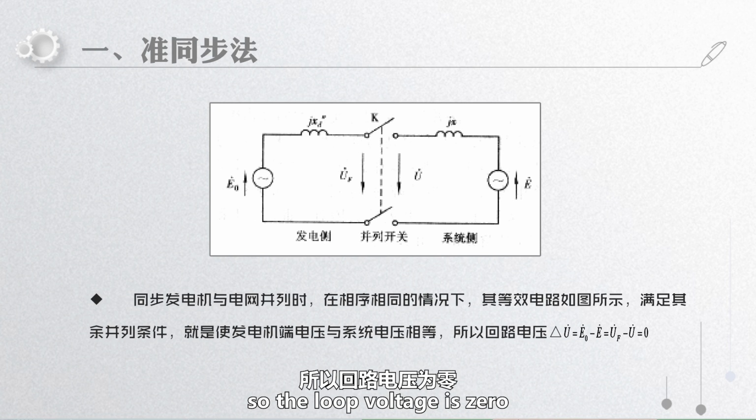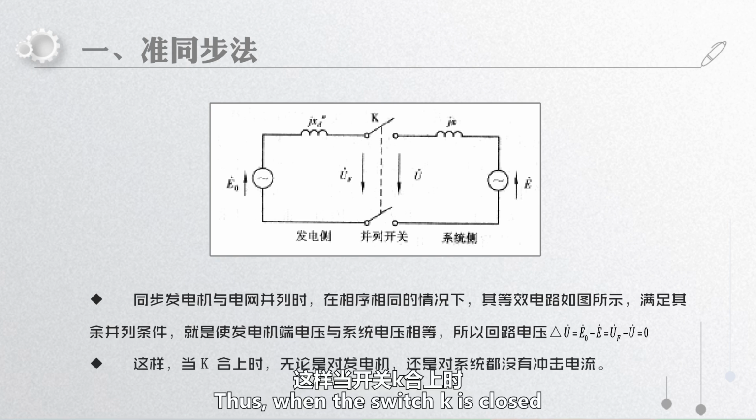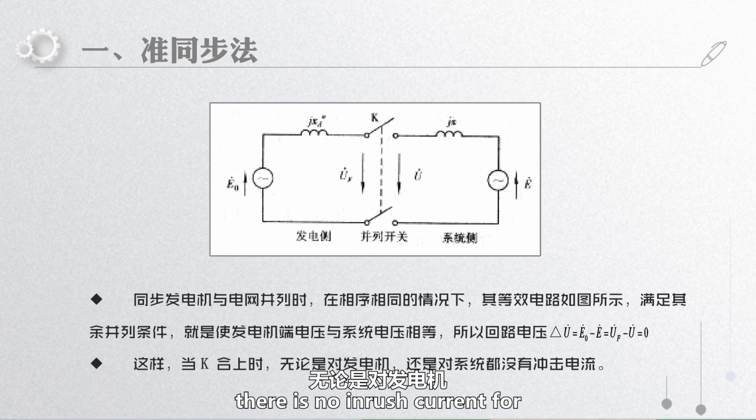So the loop voltage is 0. Thus, when the switch K is closed, there is no inrush current for either the generator or the system.